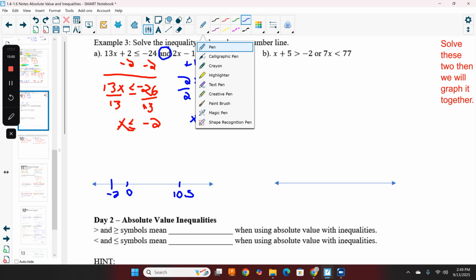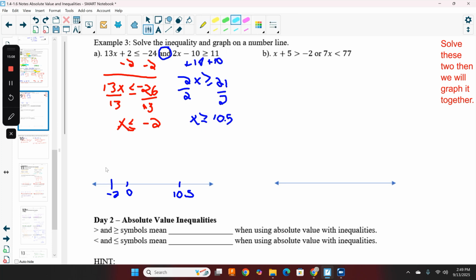Let's think about this. Let's do this with the highlighter again. So highlighter, less than or equal to negative 2. Wrong color highlighter. Oh, that'll work. Less than or equal to negative 2, that would be a closed circle on negative 2 going to the left.